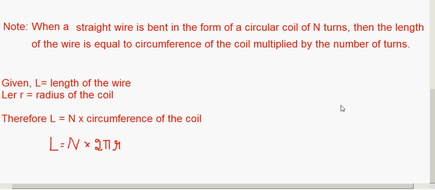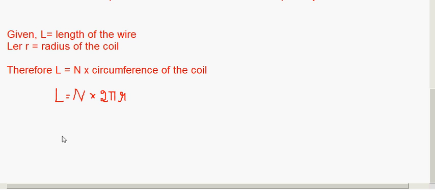Therefore r will become equal to L divided by 2 pi n.